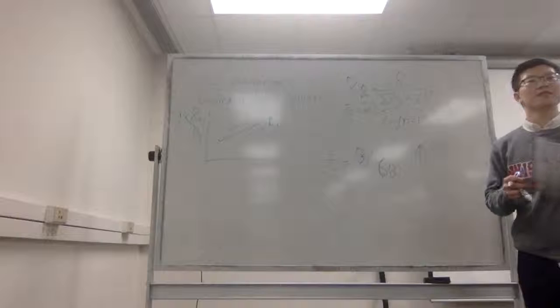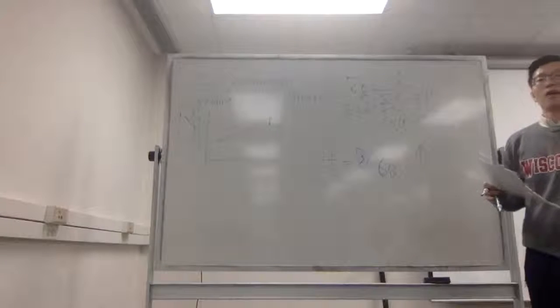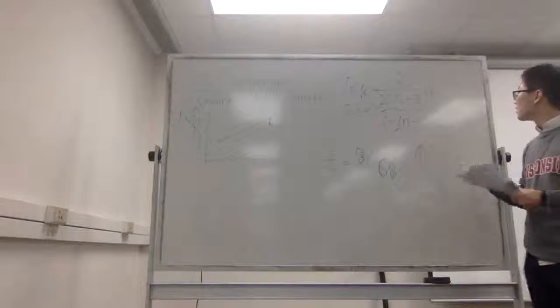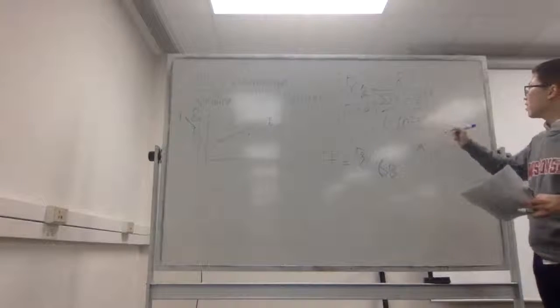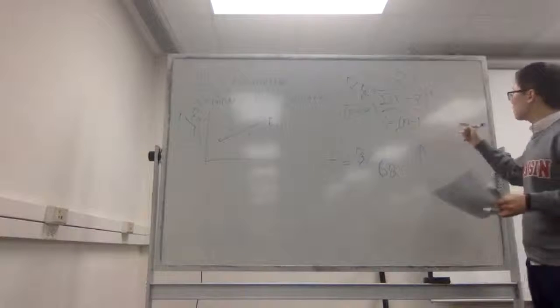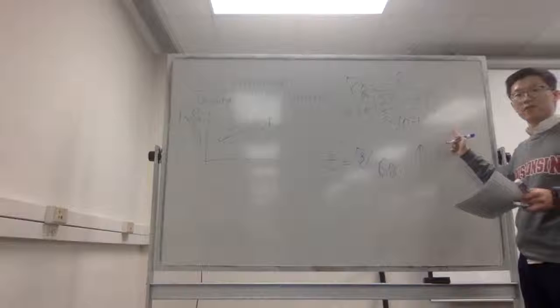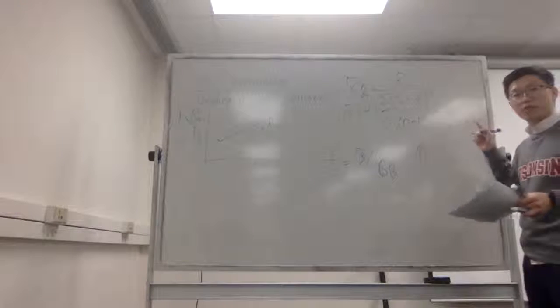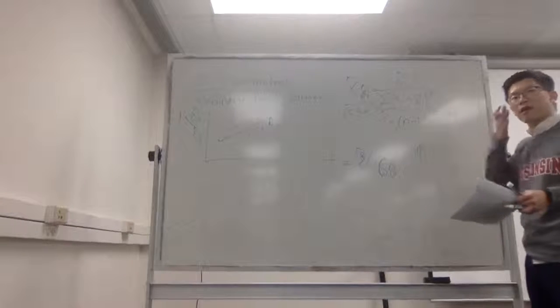Does that make sense? So what is sigma x hat squared? This one? Yeah, this one. This is the variance of x, right? Sample variance of x. Do you know how to calculate sample variance? I forget.